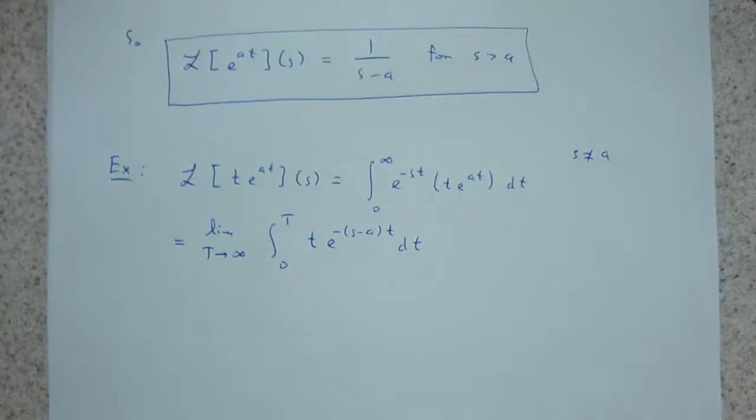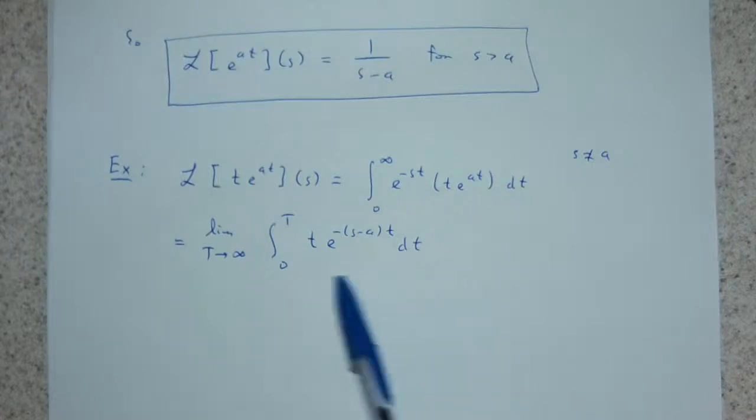So then how do we make this work here? I have t e to the minus s minus a times t, so how can I deal with this? Well, let's think for a second.